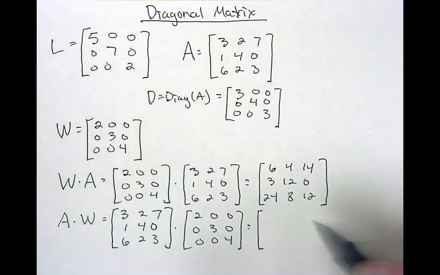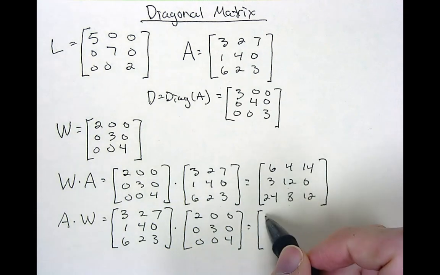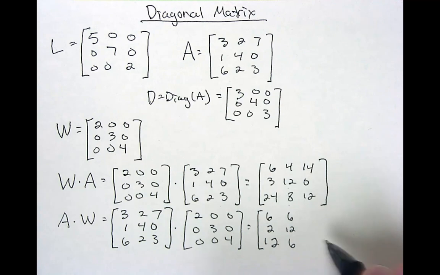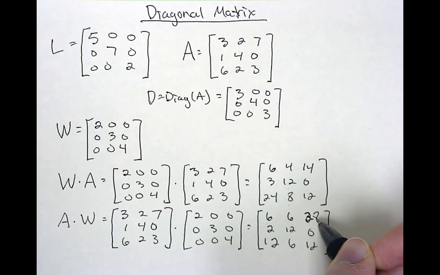So we're going to double the first column, triple the second column, and we'll quadruple the third column. Excuse me, that's a 2. So that's 28 there.